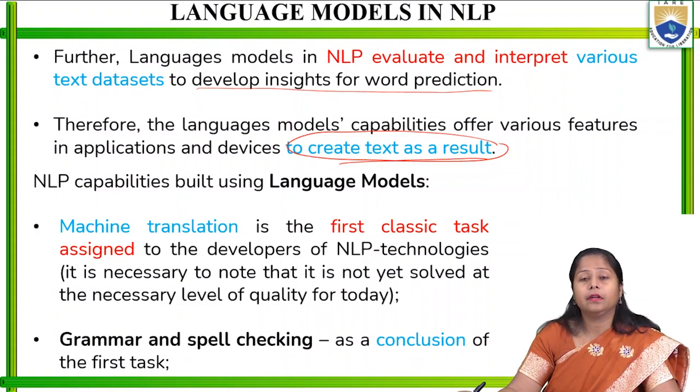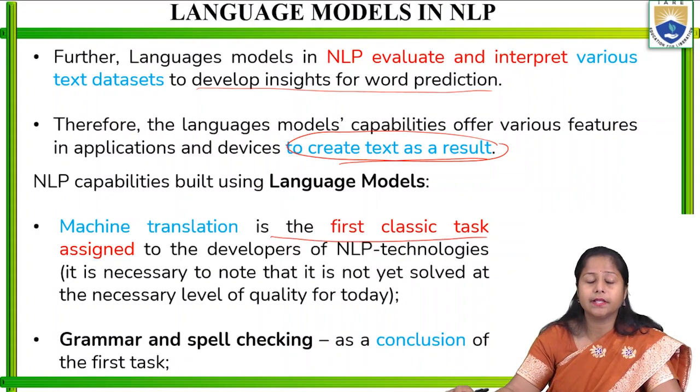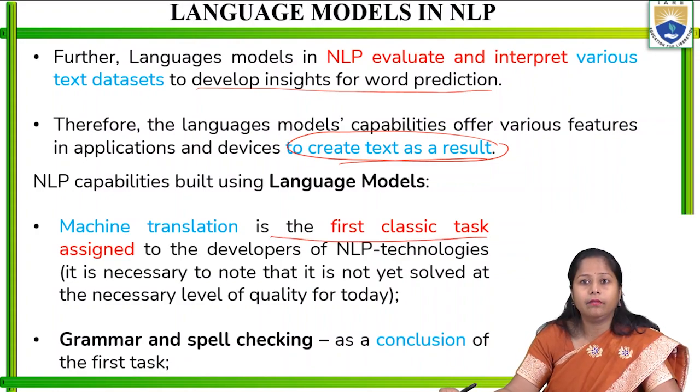Right now, we will discuss the NLP capabilities that are built using language models. The first capability is machine translation. Machine translation is the first classic task assigned to developers of NLP technology.